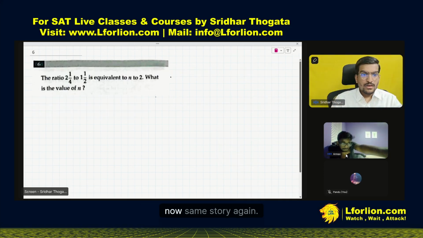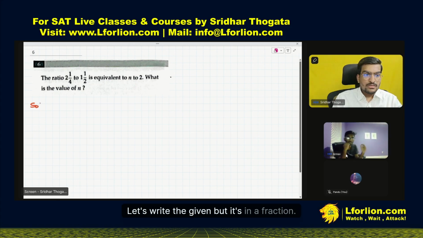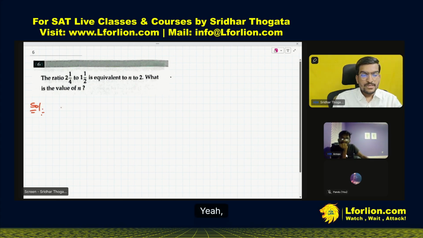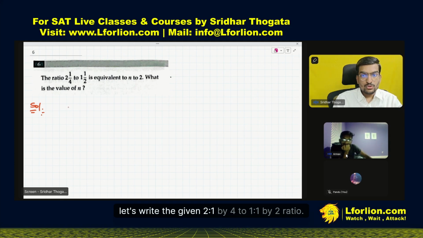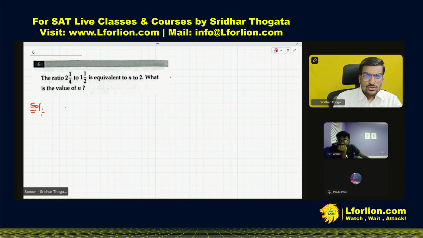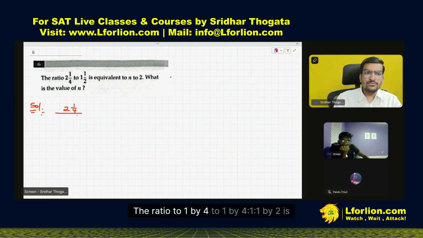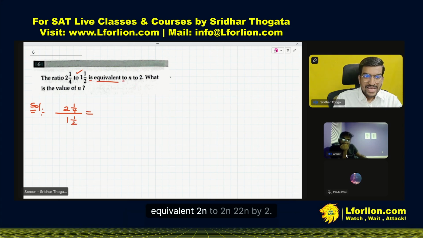Okay, now same story again. Let's write the given, but it's in a fraction. The ratio 2 1 by 4 to 1 1 by 2. How do we write a ratio? In the fraction form. The ratio 2 1 by 4 to 1 1 by 2 is equivalent to n to 2, n by 2.